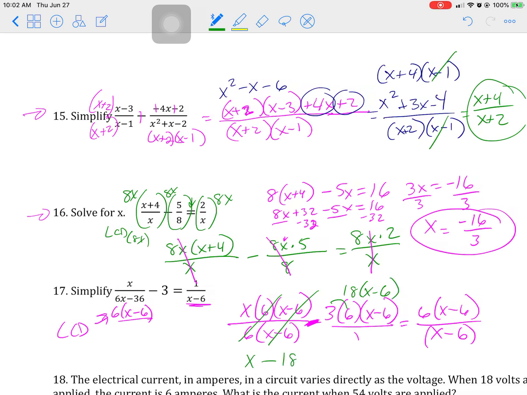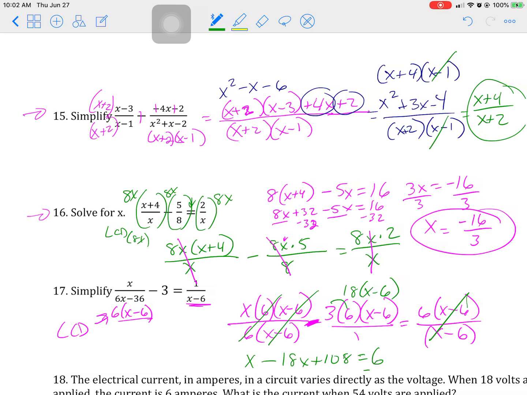Distributed would be 18x. Is it 18x? Let me check my notes for a second, make sure I'm on the right track. Yeah, okay. Plus 108, if I did that right. And equals 6. Okay. So we need to move the 6 over.